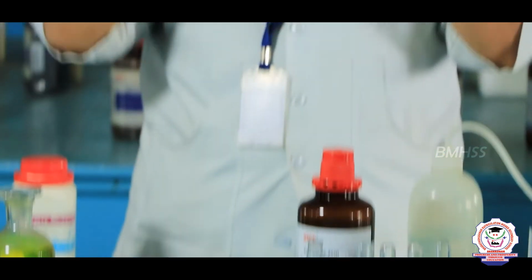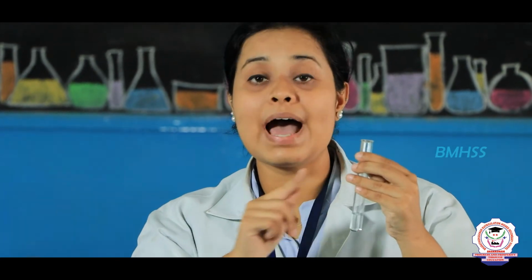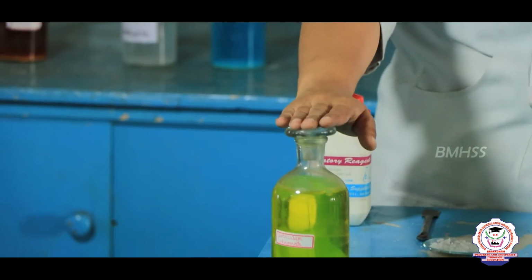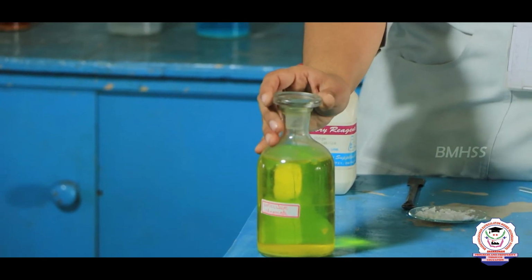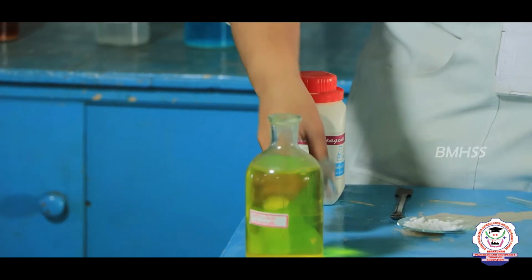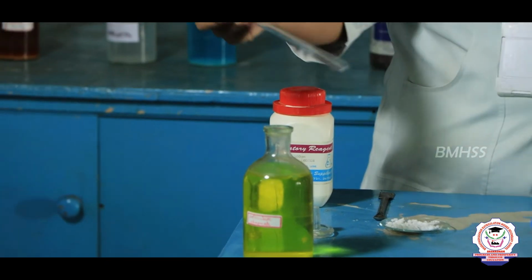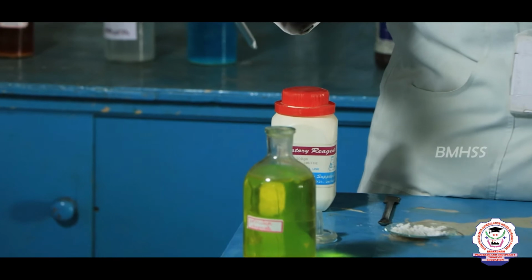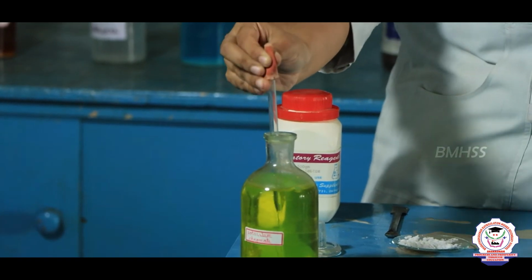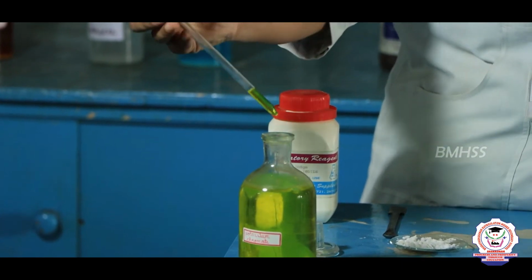Now let's come to the first test tube. In this first test tube, for finding whether lead is present or not, we are going to add potassium chromate. So here you can see that there is potassium chromate. You can just open it, take a dropper, press from above, dip it inside and take a little bit of solution.